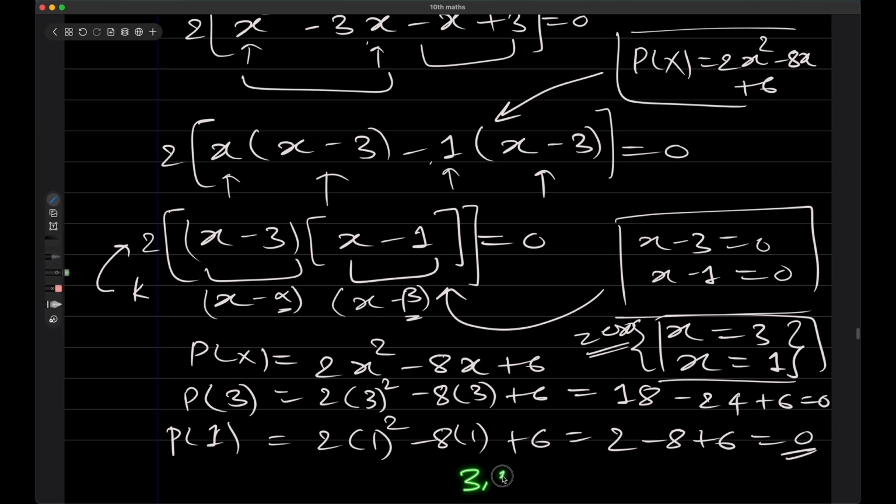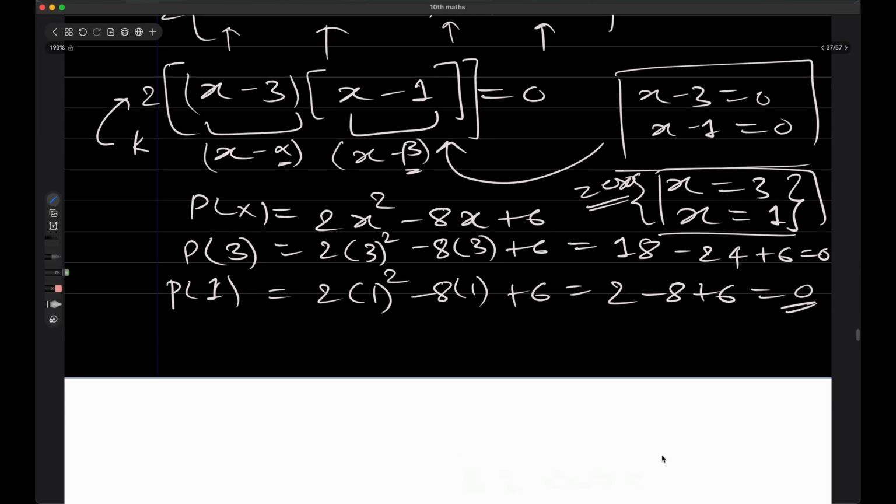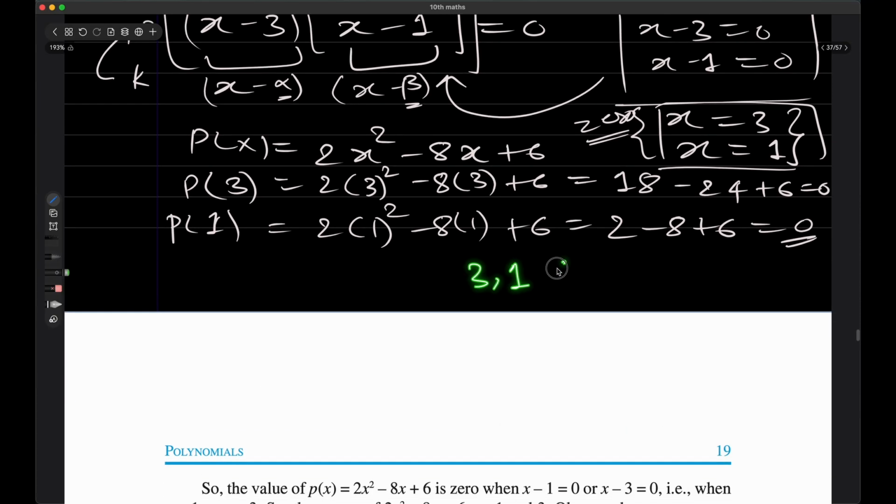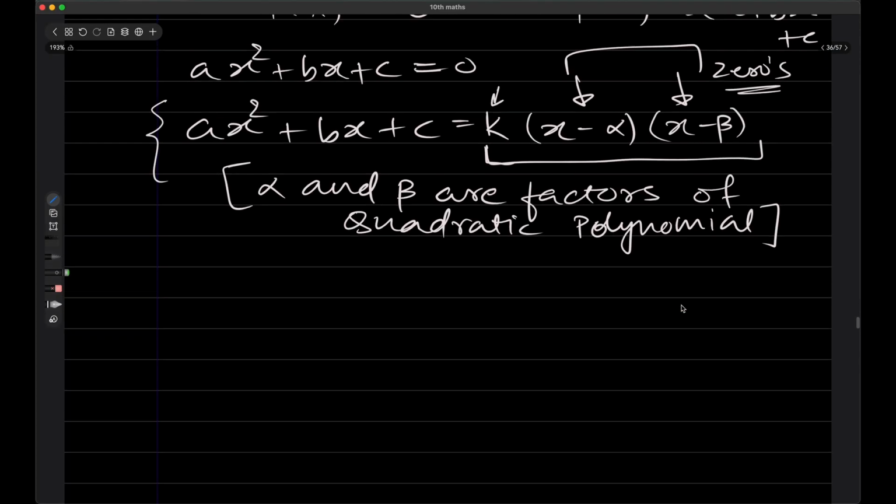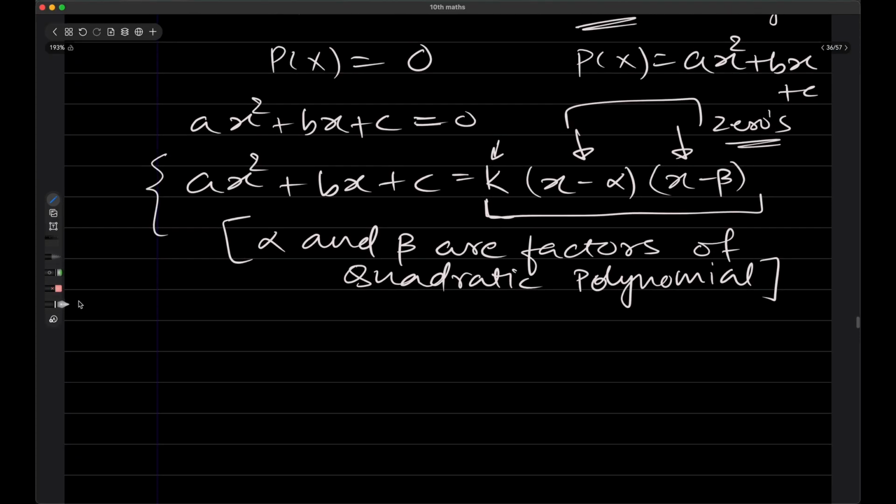So 3 and 1 are zeros of the polynomial p of x. So I can write the polynomial of the form ax square plus bx plus c equals k into x minus alpha into x minus beta, where alpha and beta are zeros of the polynomial.